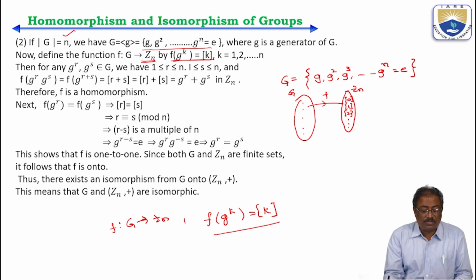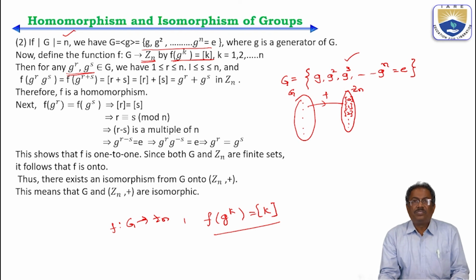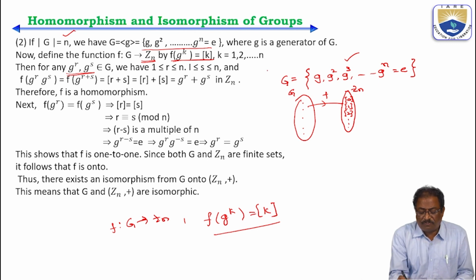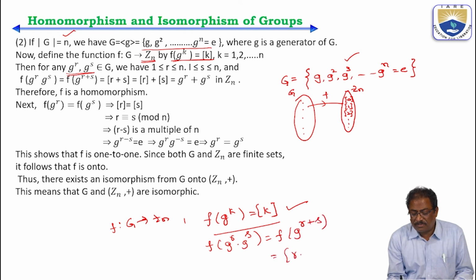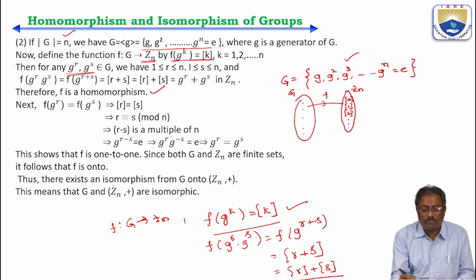For that, considering any two elements of G, we take G power R and G power S. Then f of G power R into G power S is f of G power R plus S, which is nothing but the class of R plus S, which I write as the class of R plus the class of S. So this is the homomorphism.